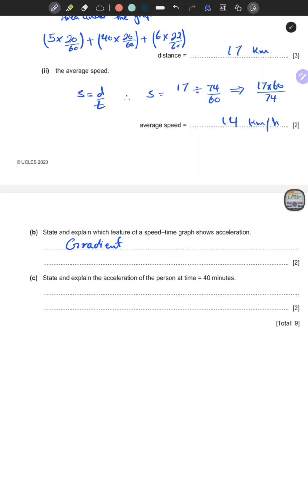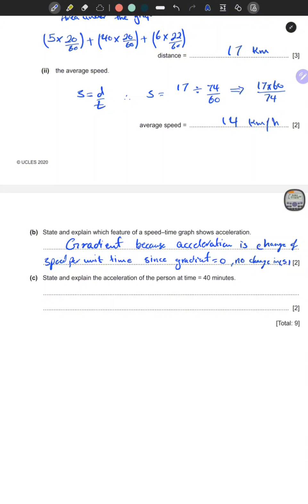Let's say acceleration is change of speed per unit time, since gradient equals 0, no change in speed.